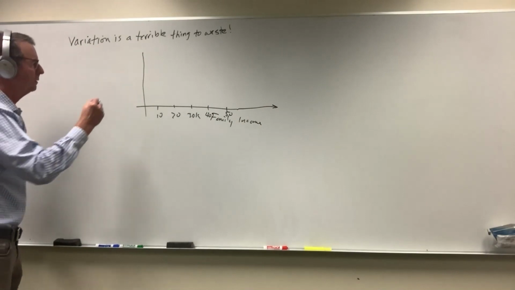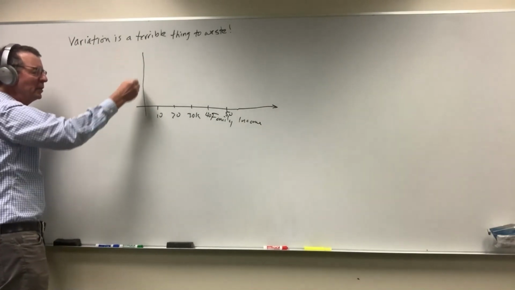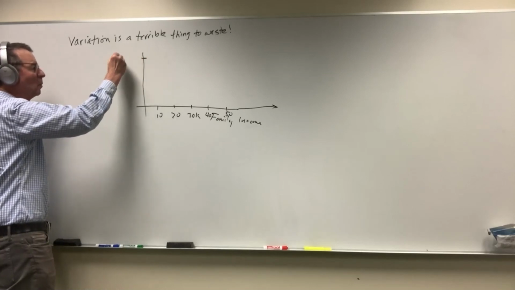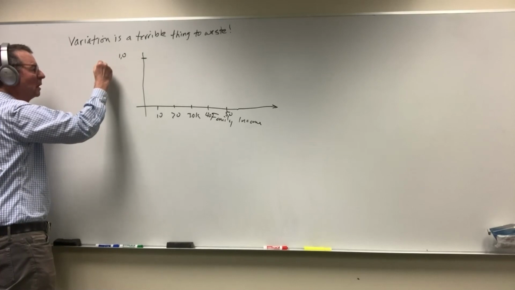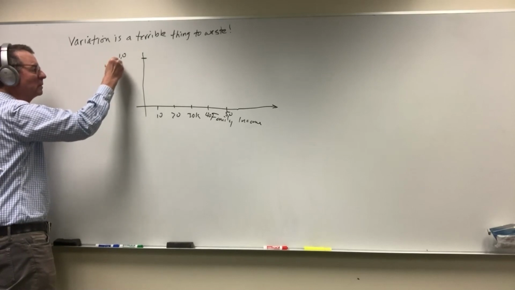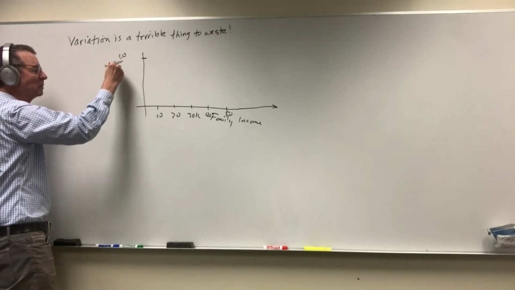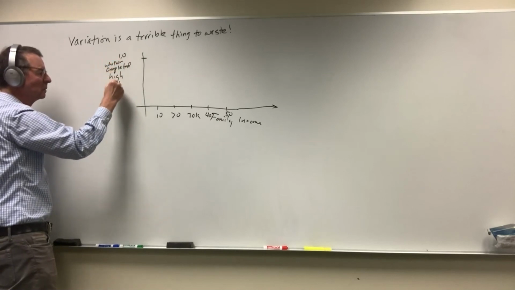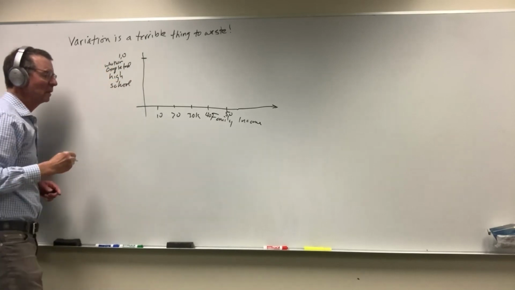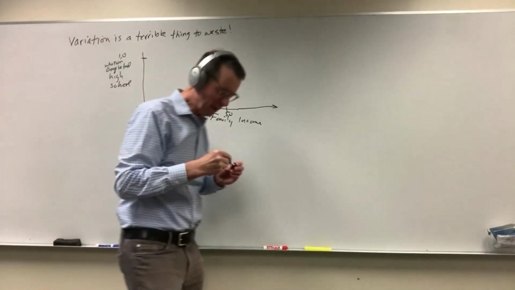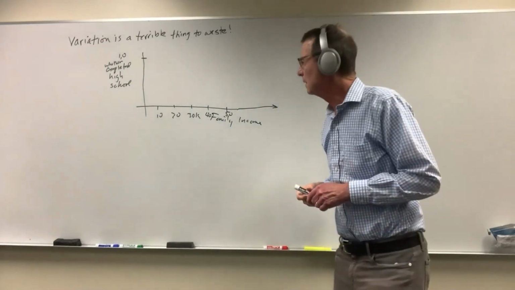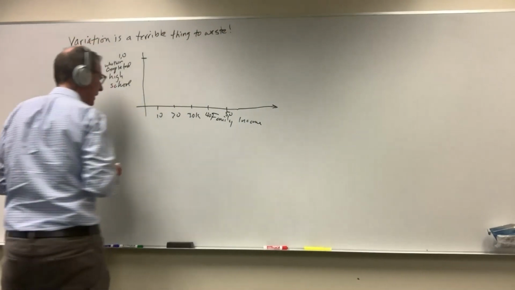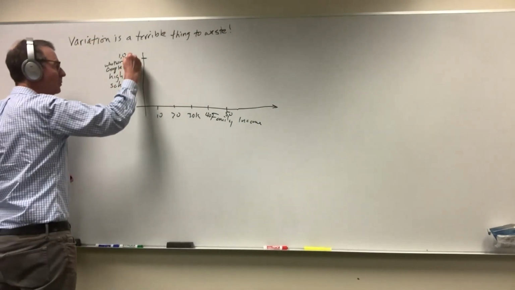What's different now, instead of completed education as a continuous variable, we've got a 1-0 variable for whether they completed high school. All right, so everybody takes on 1 of 2 values in that variable. 1 if they completed high school, 0 if they didn't. So the scale just goes from 0 up to 1.